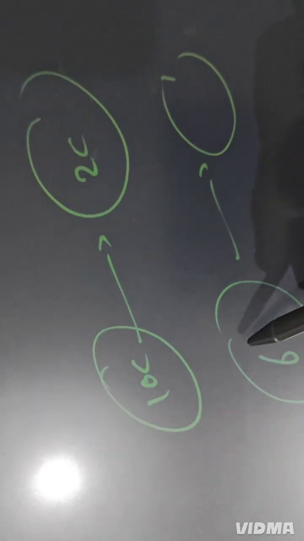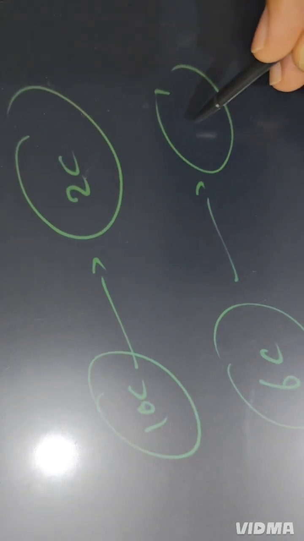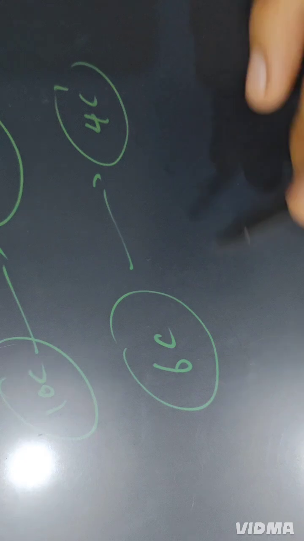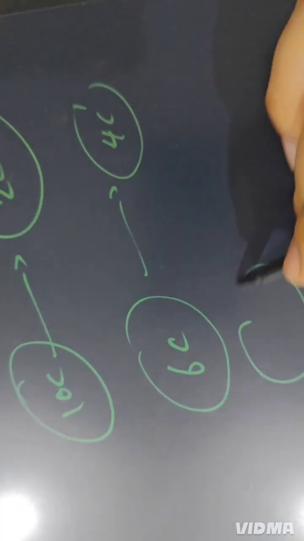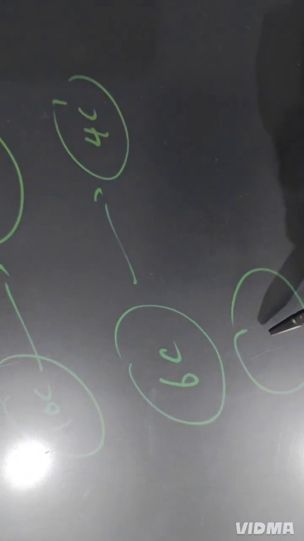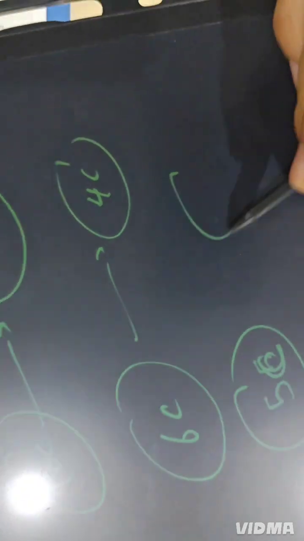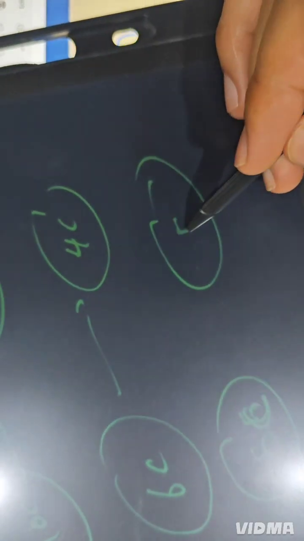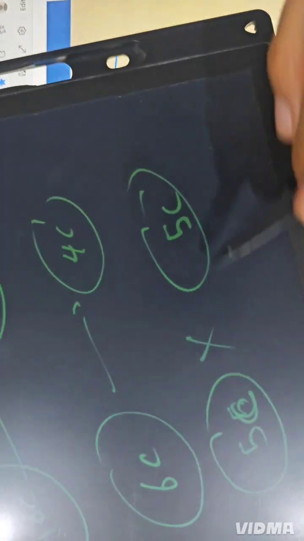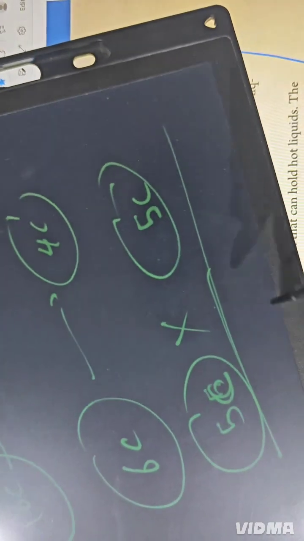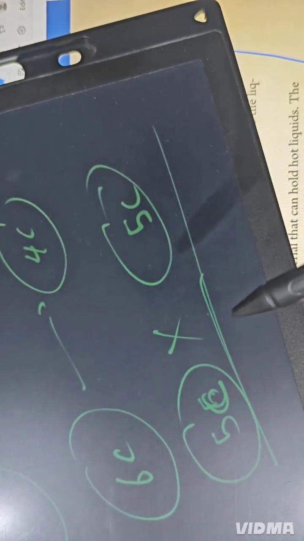Maybe the first object becomes 6 Celsius and the right side becomes 4 Celsius, and it keeps transferring energy between them. Maybe with time this 6 Celsius becomes 5 Celsius, and the right side also becomes 5 Celsius. In that case, energy transfer will stop, because it's done. This is the last process, and this step is called thermal equilibrium.